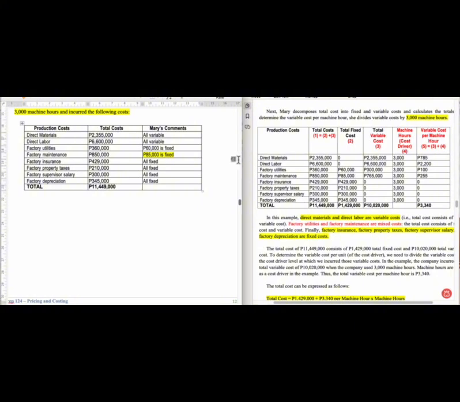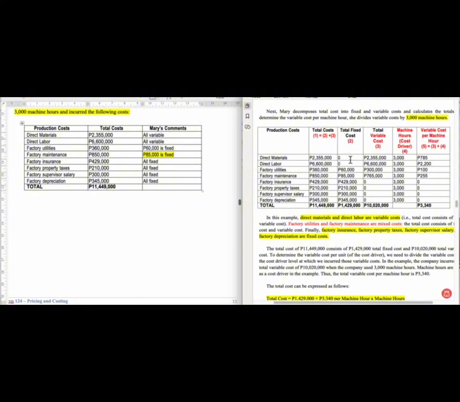As per Mary's comments, the direct materials of 2,355,000 is all variable. So how much is the fixed cost? It's 0, because it is all variable. So your fixed cost is 0.